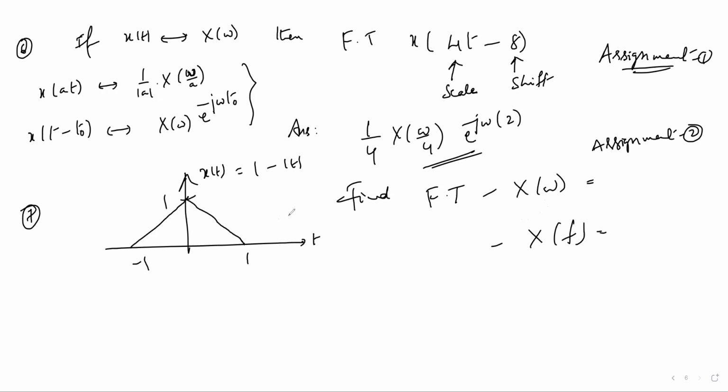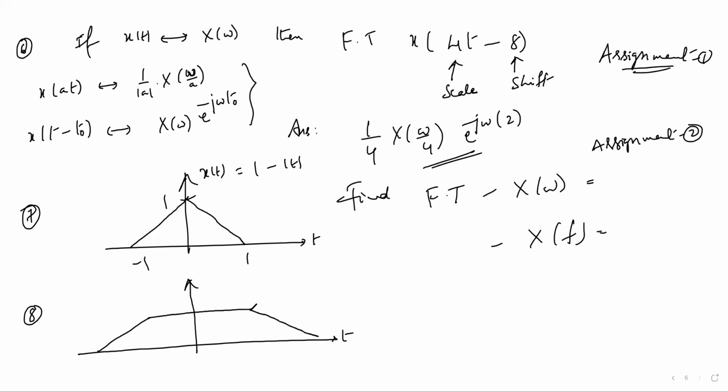One more assignment problem I want to give you. This also I want to do in the next class if you don't get it. A trapezoidal signal, from -2 to -1, 1 to 2.